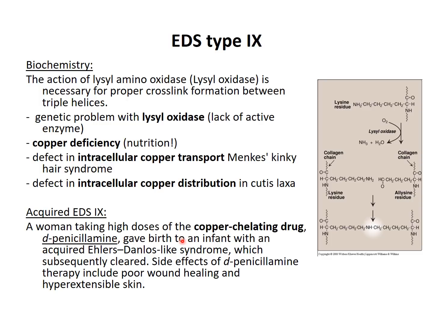The baby was born with acquired Ehlers-Danlos because penicillamine in the body of the mother kept copper away from the circulation, and the copper didn't go into the developing fetus to aid with the cross-linking of the collagen fibers, collagen triple helices.